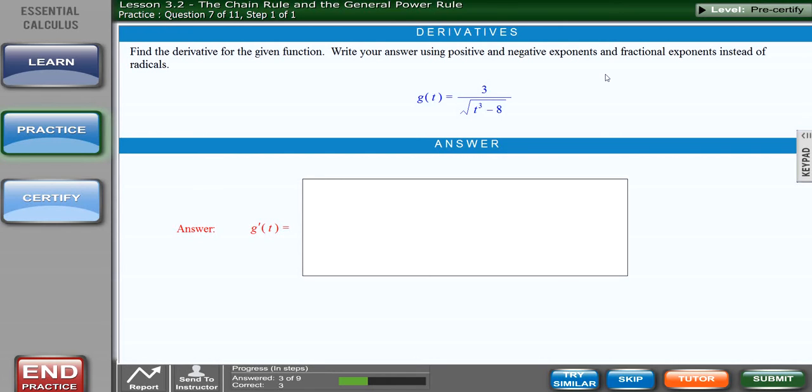So when we learned the power rule, we learned that the variable had to be on top. It's the same thing here. We need to rewrite this with the variable on top. Okay, so what we're going to do is do it in 2 steps. Let's flip over to my other screen.